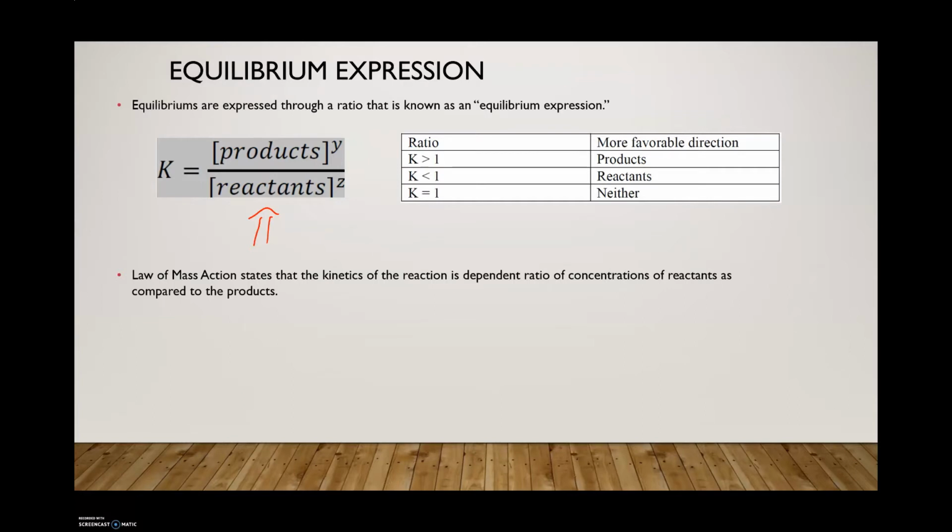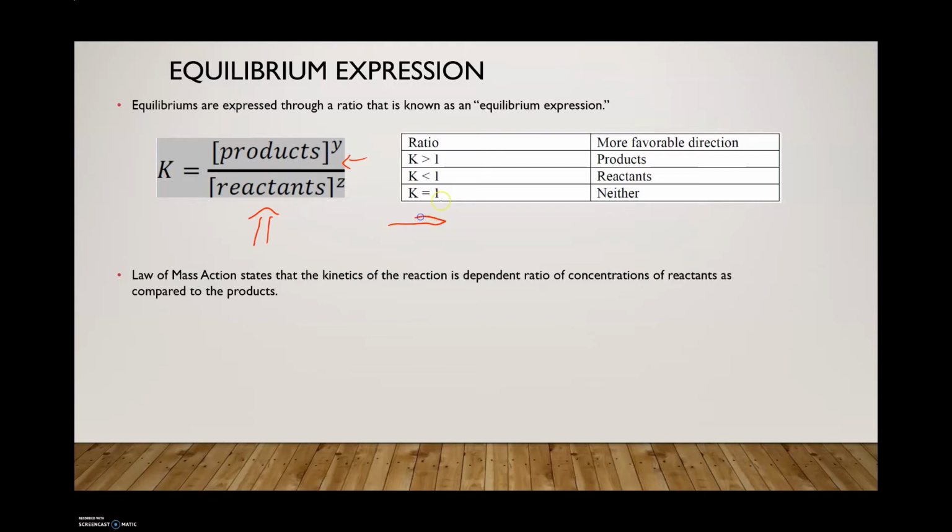If you have a larger number on top, the products in this case are higher in concentration than the reactants, and that means your K is going to be larger than 1 because the ratio is based around 1. If your ratio is larger than 1, the products are more favored, so you're more likely to lie to the right of that equilibrium.